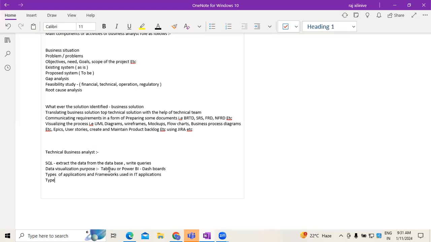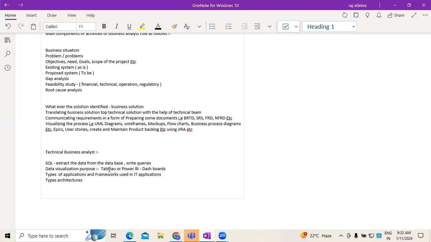Next, we must know about the different types of architectures in the application, because it can be either a functional roadmap or a technical roadmap. So types of architecture, something like business architecture, application, systems, data, enterprise architecture, solution architecture, an overall idea.